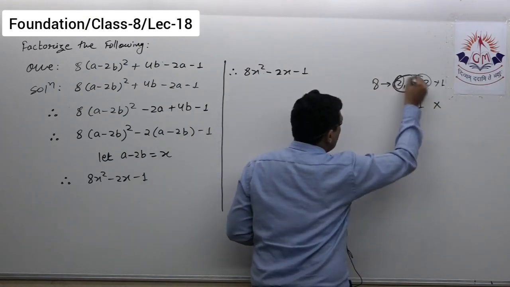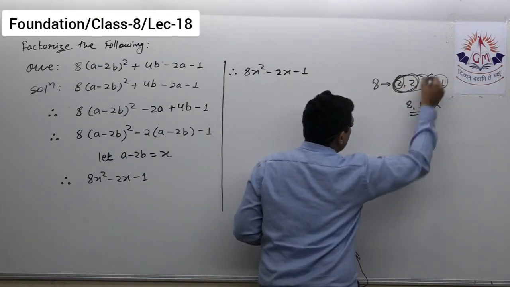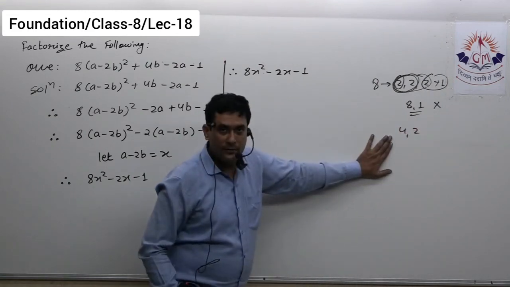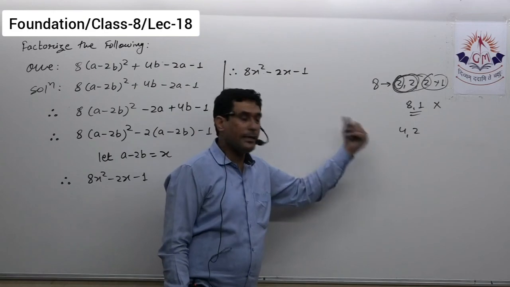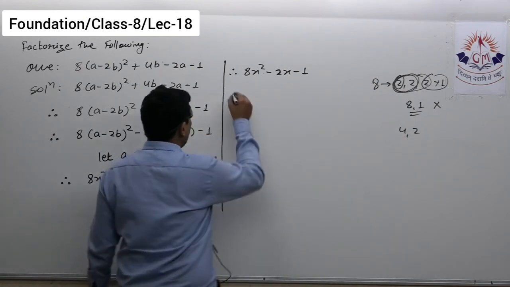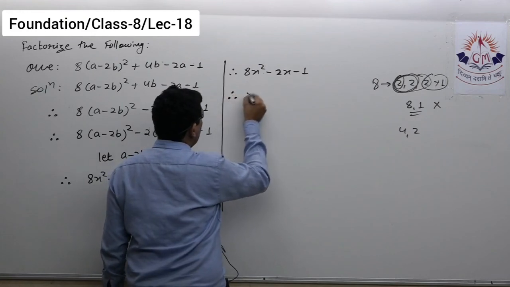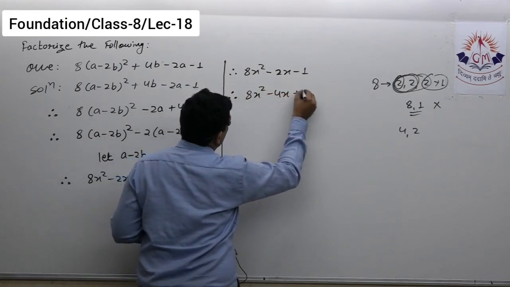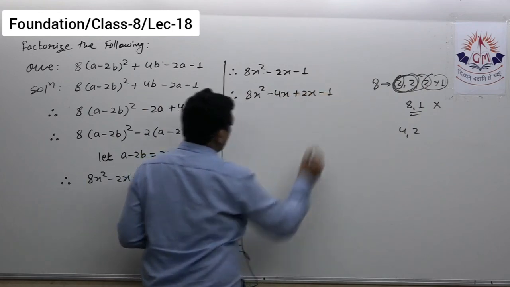Another one: I take these two together and these two together, that means 4 and 2. Definitely their difference is 2 and we need negative 2, so I write minus 4 plus 2. So further it becomes 8x square minus 4x plus 2x minus 1.